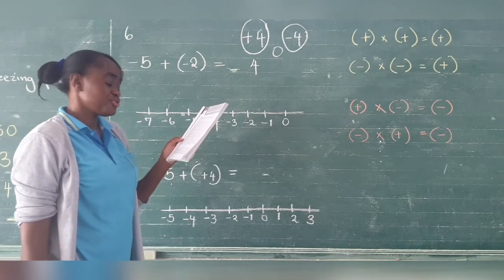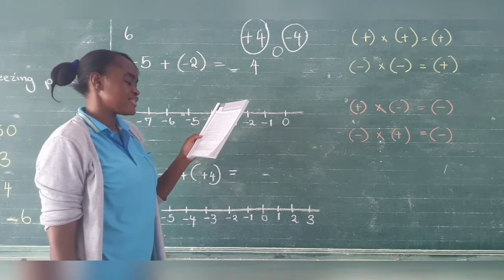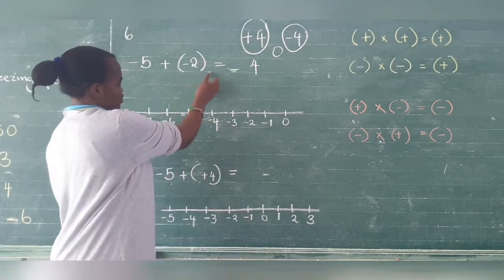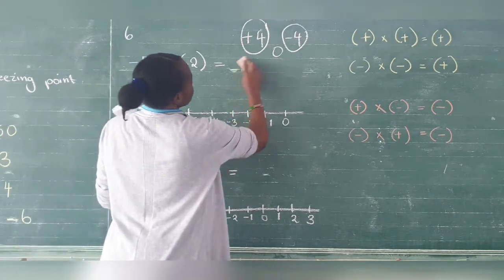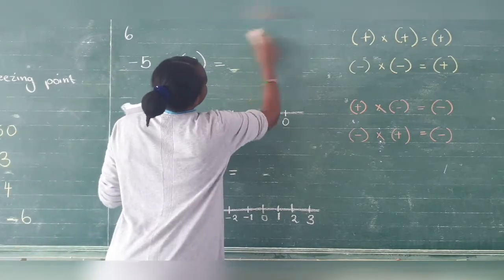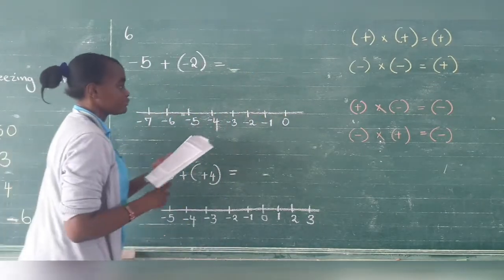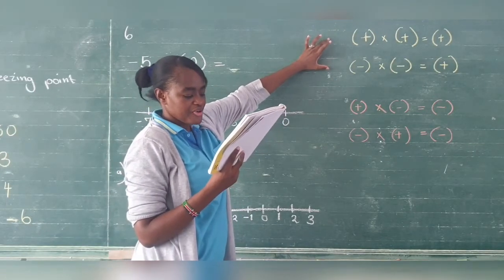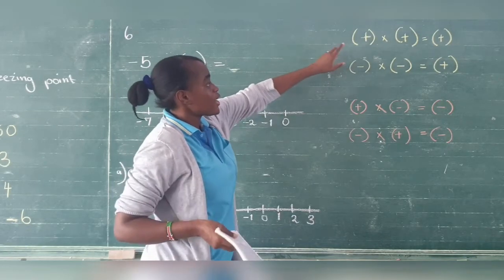Now we are going to go to addition. Addition is the process of finding the sum of two or more integers, like this one, okay? Good. So before we start, we are going to look at how to find the process of repeating addition of integers.